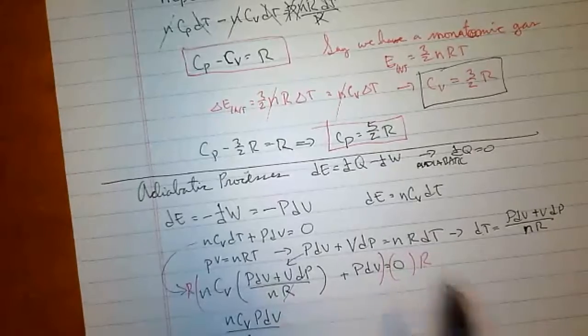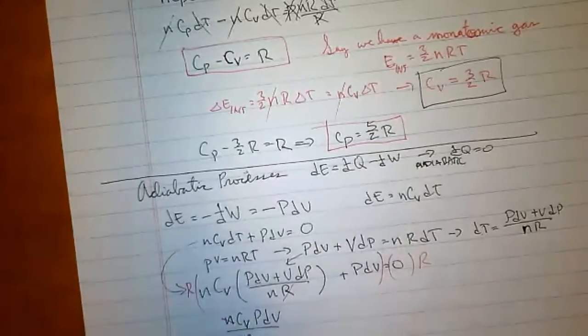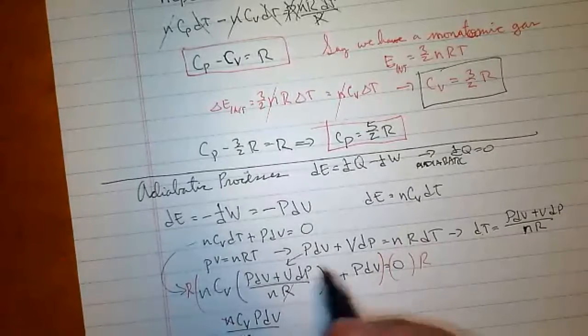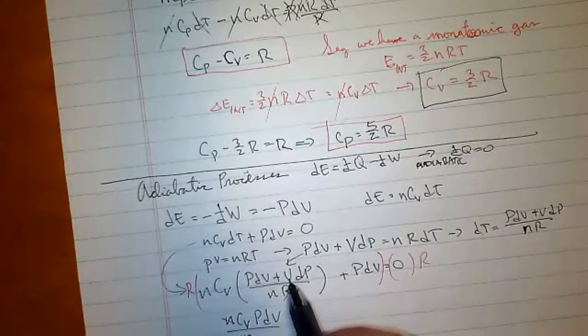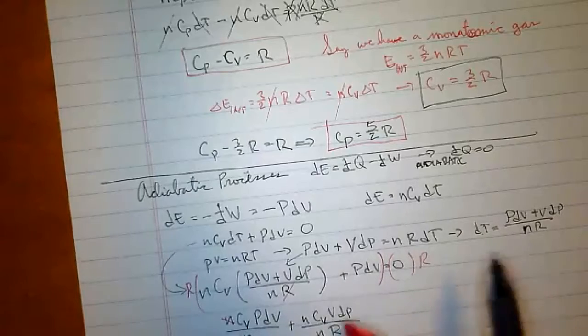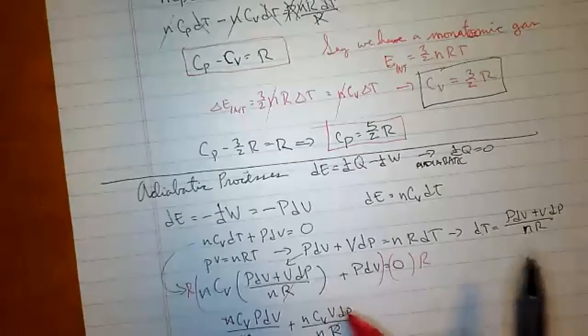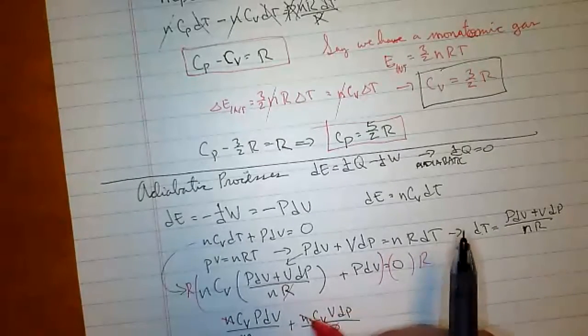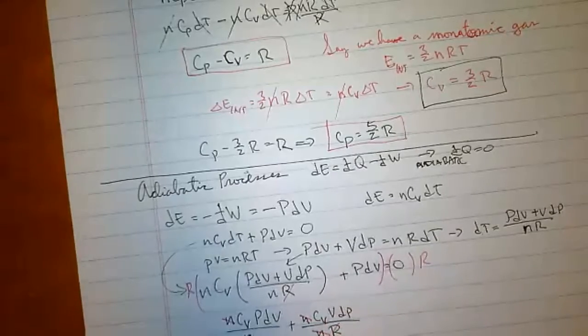And notice now also that the N's cancel out here. So I got Cv P dV, and that part's right. Now I'm going to do the same thing with the second term. So I'll say plus N Cv V dP over N times R. Again, this R is canceling out, and this N and this N cancel out.